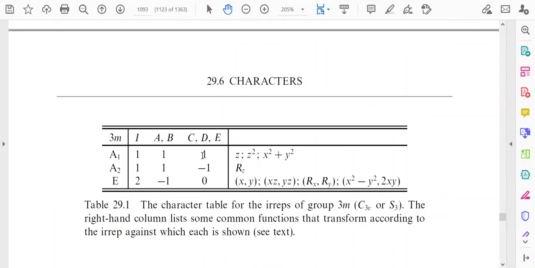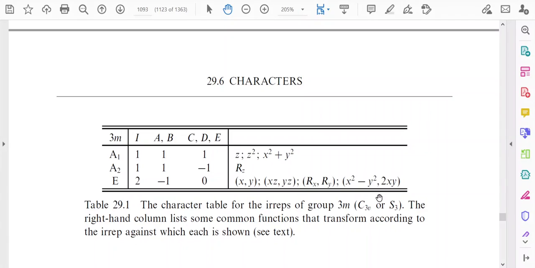You see that in the character table we have written some particular functions just to the right side of the particular representation. For example, x square plus y square has been written for A1. So our basis functions are x square, xy and y square. So the function x square plus y square is applicable to A1. Again you see the combination of x square, y square and xy.